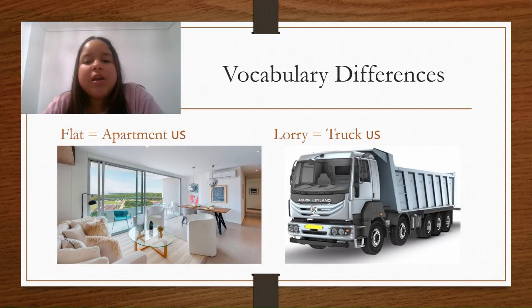They are talking about the same thing, a vehicle, but they use different words. This difference in vocabulary is one of the most common ways dialects are different. There are hundreds of examples of this, depending on where the speaker is from.